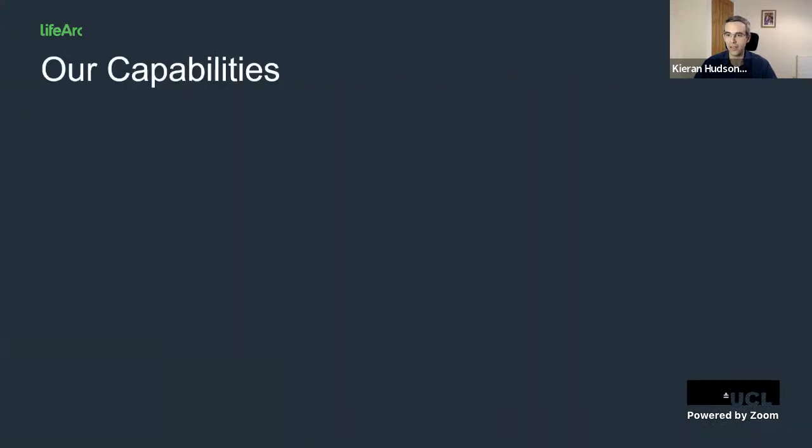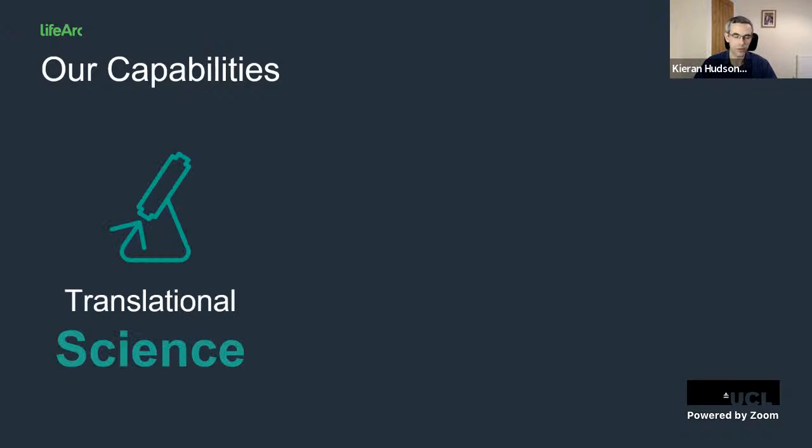LifeArc is an independent British medical research charity. We're funded through our own translational activities, and we have an aim to invest up to £1.3 billion by 2030 into translational research. Our capabilities and work fall into 3 main streams. We have translational science, with our own internal science teams based at 3 locations in the UK.